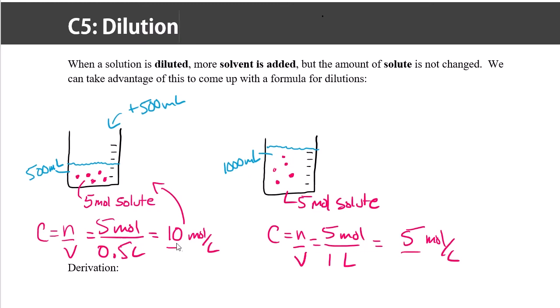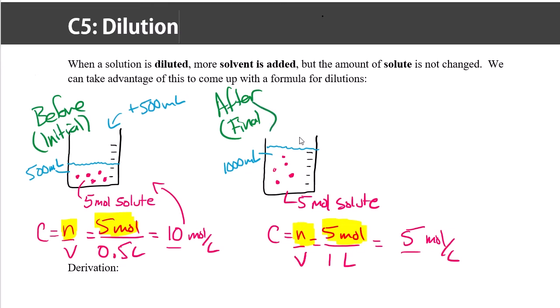And keeping in mind the fact that the number of moles stays the same before and after the dilution, right? This here was before, or this was my initial concentration. This was my after, and we're going to call that the final concentration.